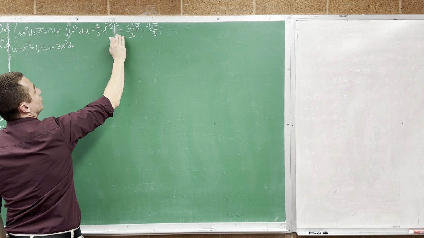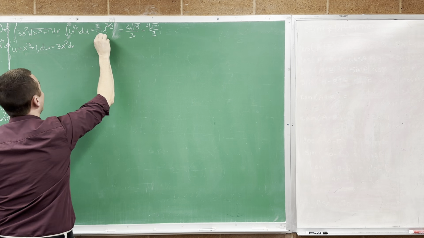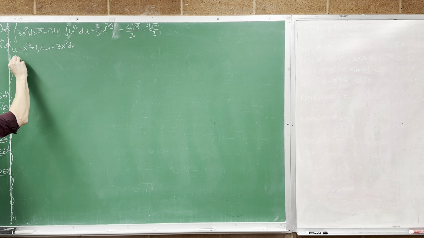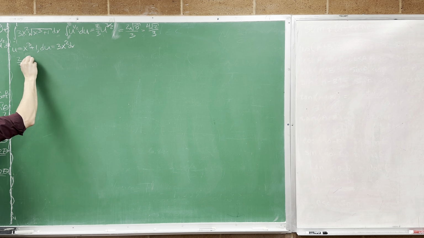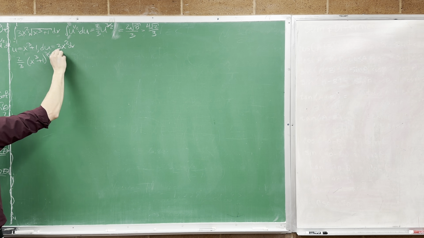Okay, let's instead say that we didn't change our bounds. So let's pretend we didn't change the bounds, and so we got to here. We needed to now rewrite it in terms of x. So now this is going to be 2/3 times x³ plus 1 to the 3/2, evaluated from -1 to 1.